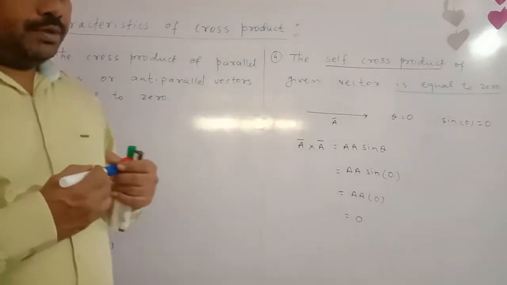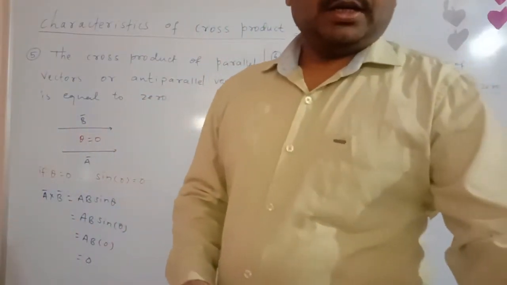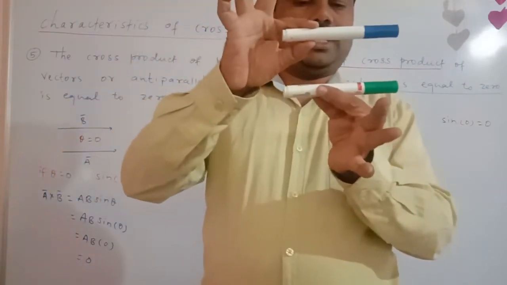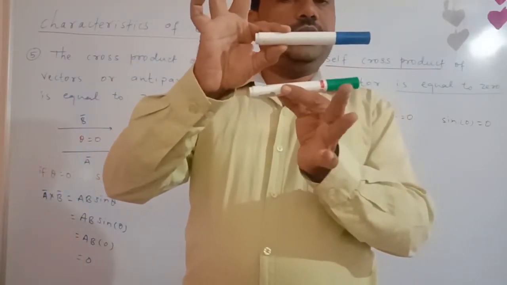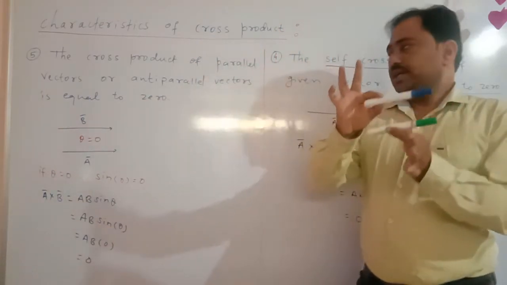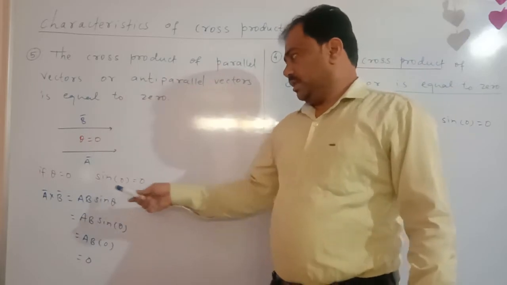So this is the proof of if two vectors are parallel to each other like this. Suppose two vectors are parallel to each other, then there is no angle of inclination at all. So the angle should be equal to 0 here. That's why sine 0 is equal to 0.